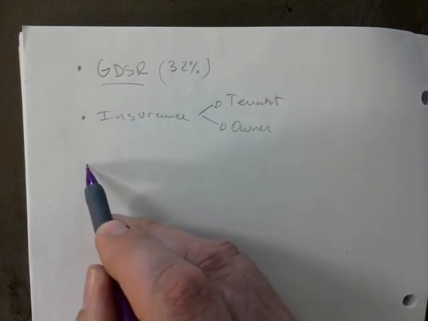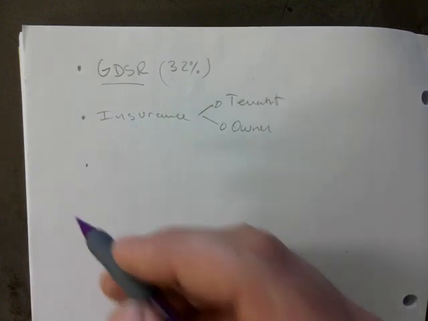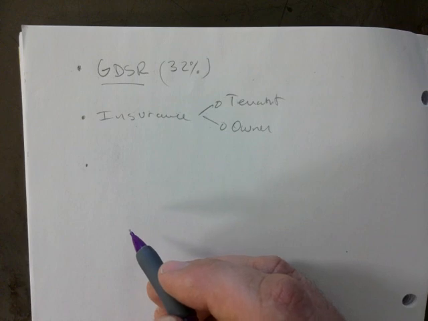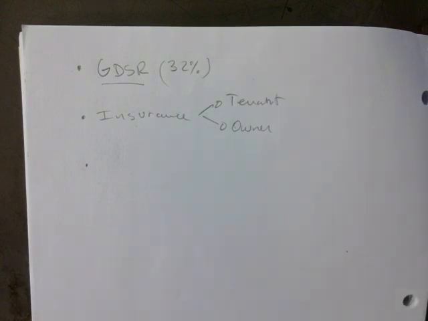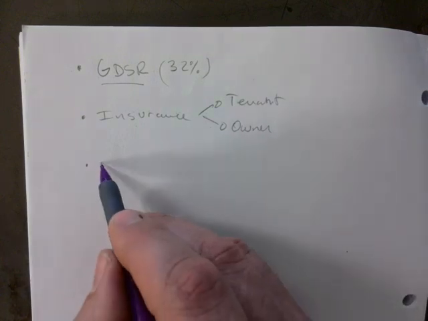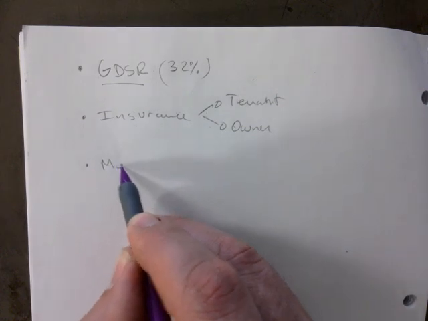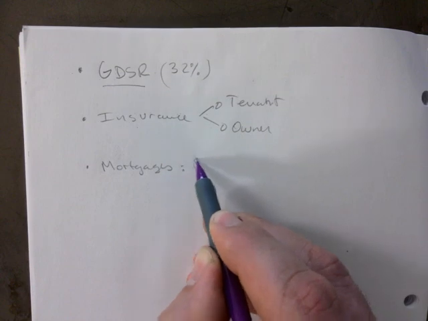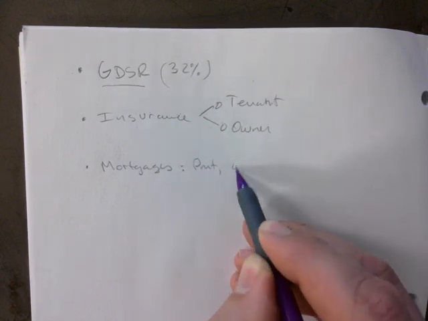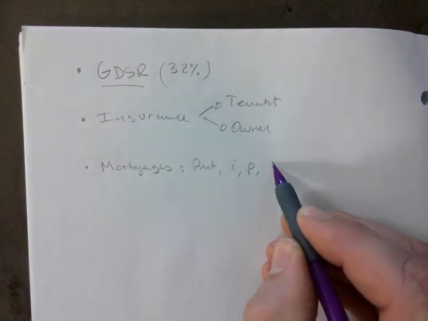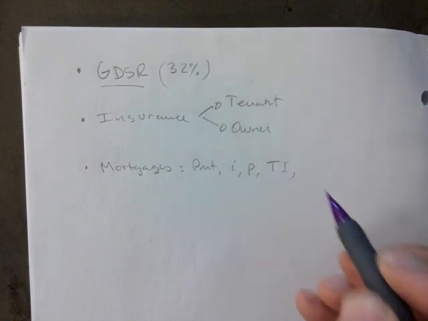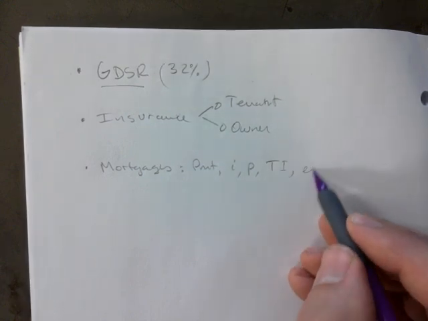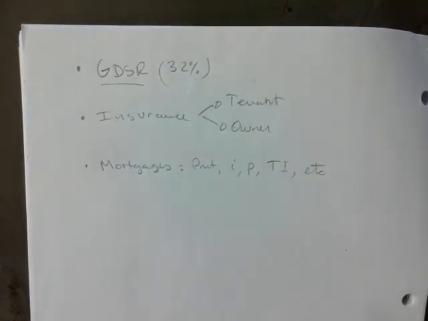Know your deductible, know how to get discounts, know things like that. What affects your insurance, you name it. Payments, right? Mortgages. And with that comes like payments, I, P, T, I, etc. Know how to do that.